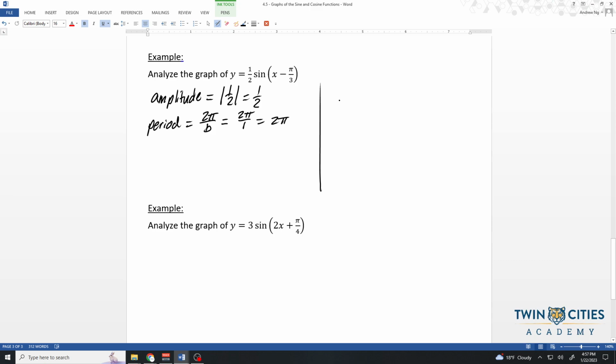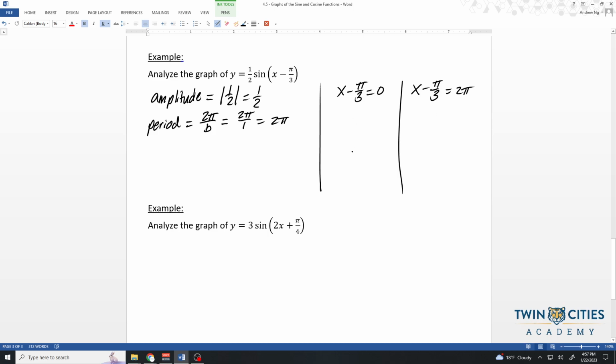And then I want you to be able to tell me how long it will take to get back to the starting point. What's one cycle? What are the endpoints of this one cycle? To do that, I'm going to take x minus pi over 3 and set it equal to 0. I'm also going to take x minus pi over 3 and set that equal to 2 pi.